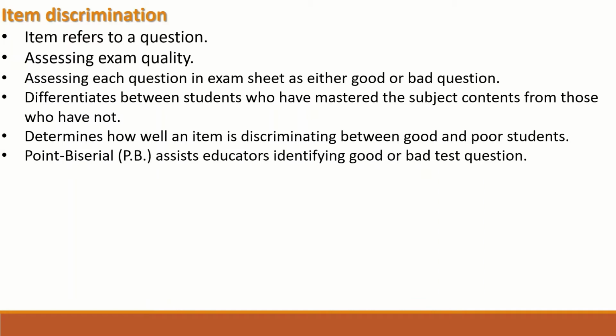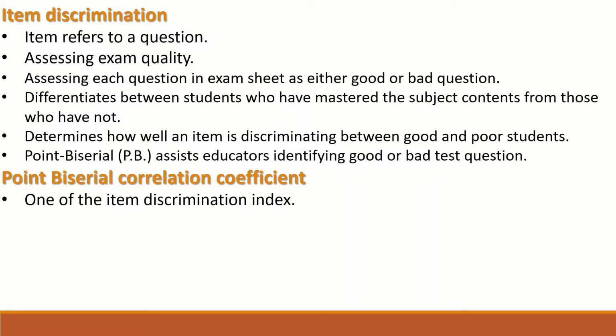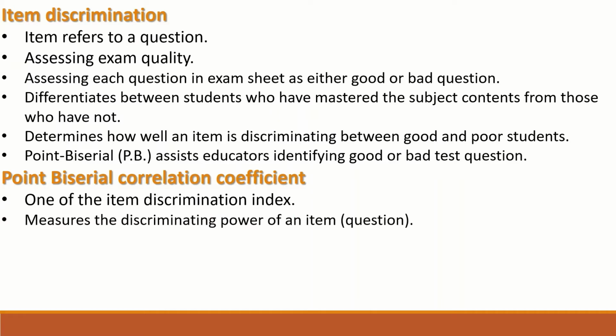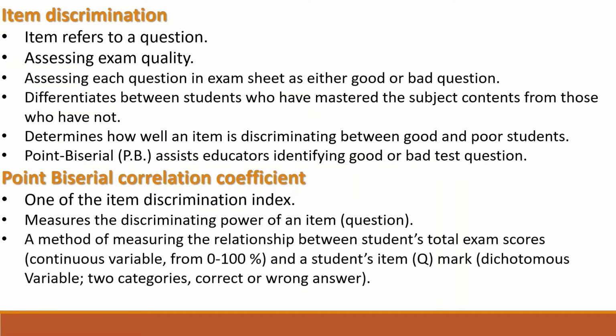The Point-Biserial correlation coefficient assists educators to identify good or bad test questions. The coefficient is one of the item discrimination indexes. It does measure the discriminating power of an item or a question.